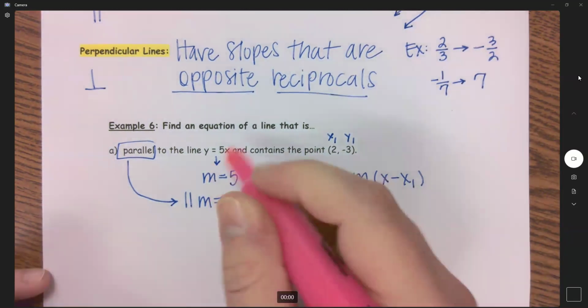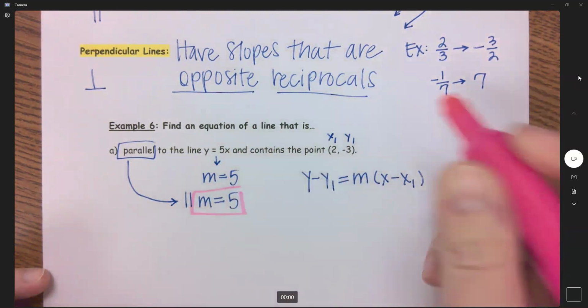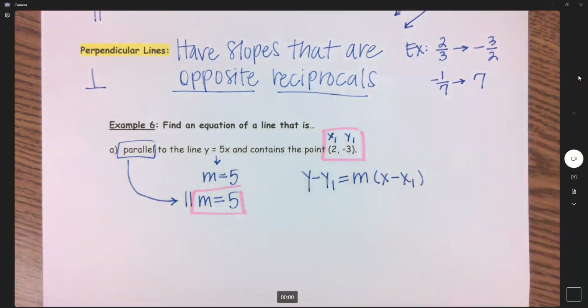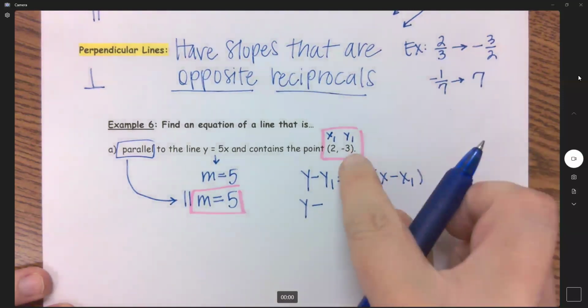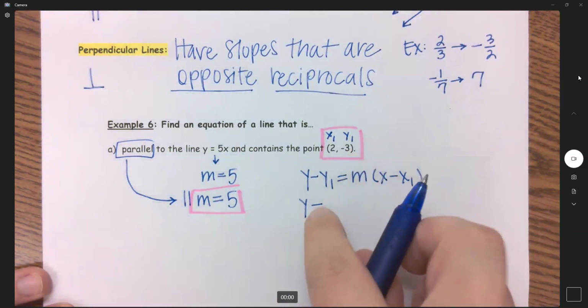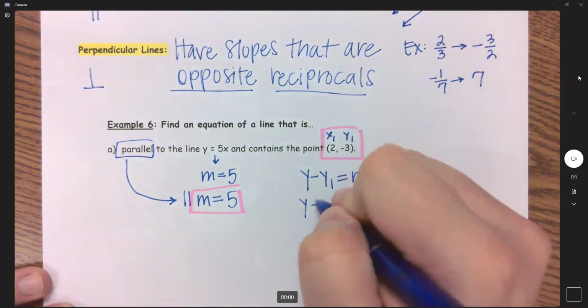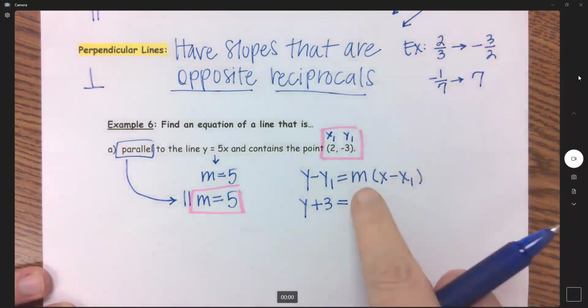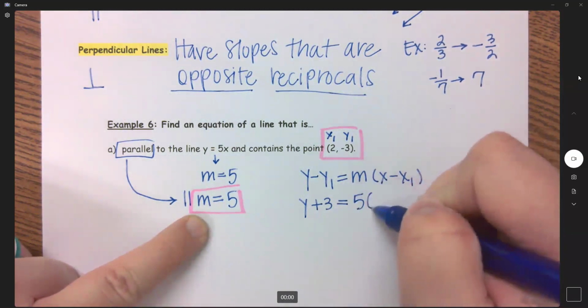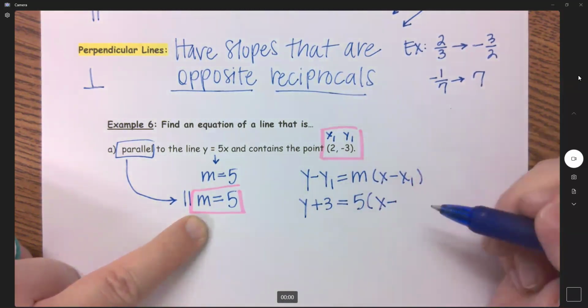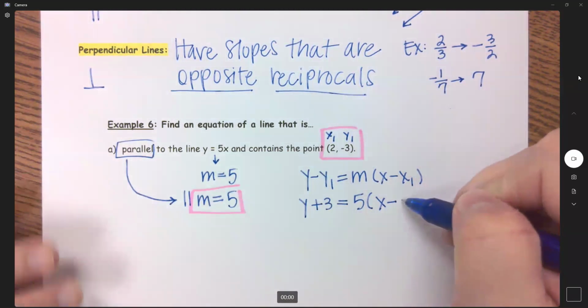Substitute in your parallel slope and your point right here. So y minus y1 is a -3. So minus a negative becomes +3. I'm using my parallel slope right here, which is 5. And then x minus x1, which is 2.